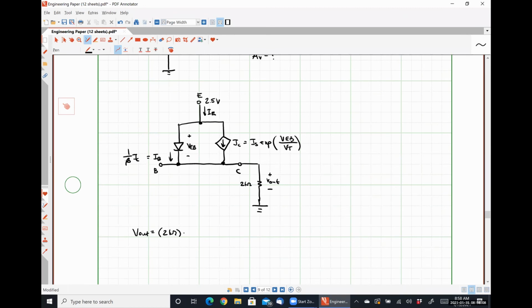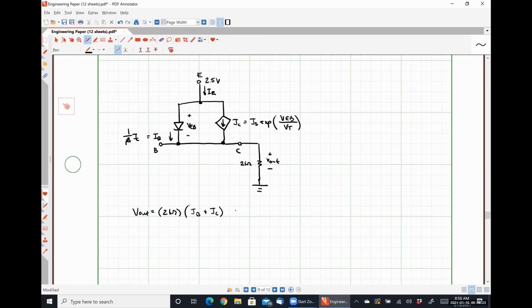So it will absolutely be the exact same current as IE in this case, right? So IE, which we could write as IB plus IC, which is the same as 2 kilo ohms times 1 plus 1 over beta IC.